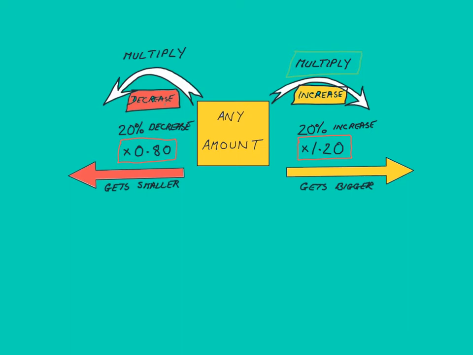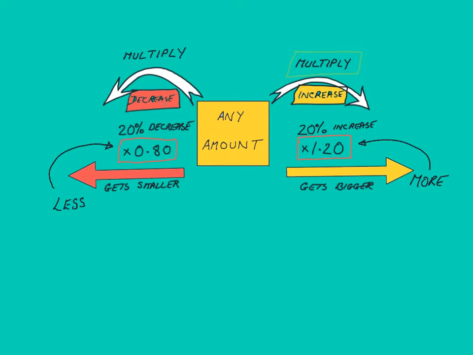So here we end up with more because we have increased and multiplied by a number bigger than 1. And here we end up with less, a decrease, because we have multiplied by a number smaller than 1.